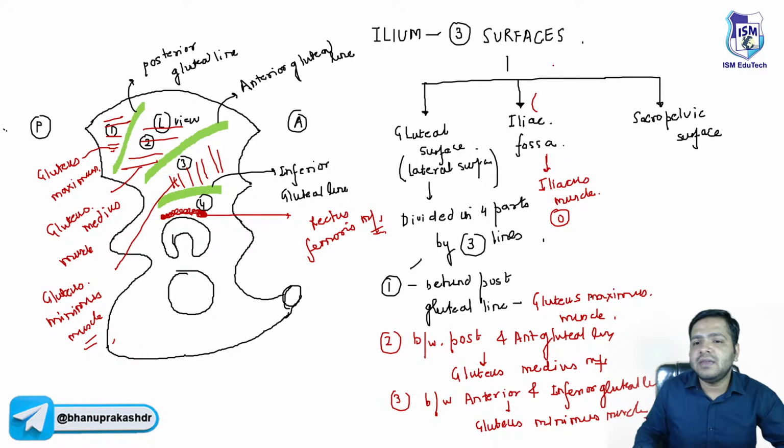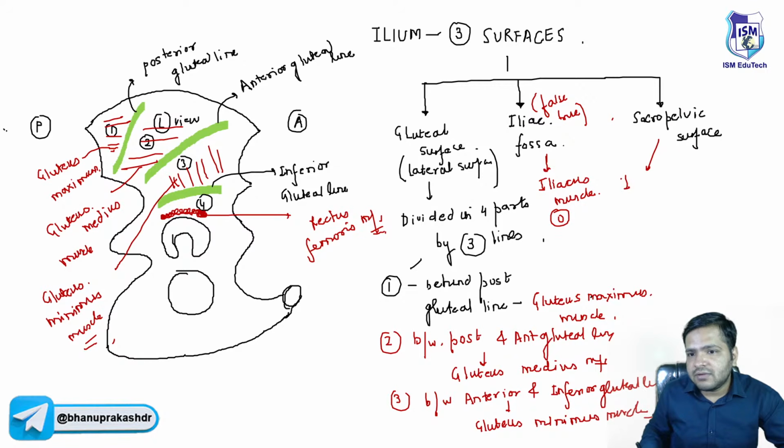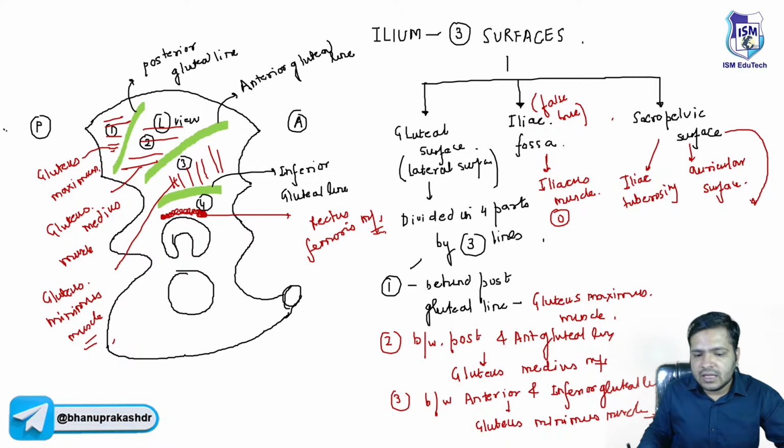And iliac fossa, it is a false pelvis, it is not taking participation in the joint, okay, it is a part of the pelvis but it is not forming the joint. When we talk of sacropelvic surface, it is divided into three parts. We have the iliac tuberosity, we have the auricular surface, and yes, we have the pelvic surface also.